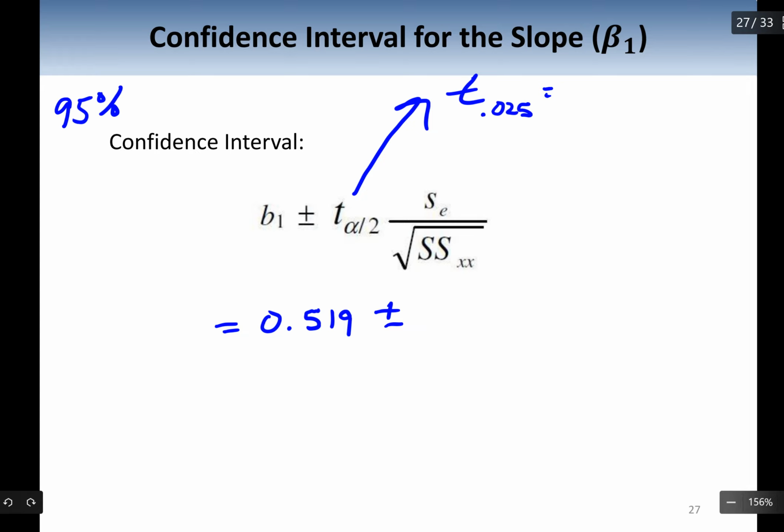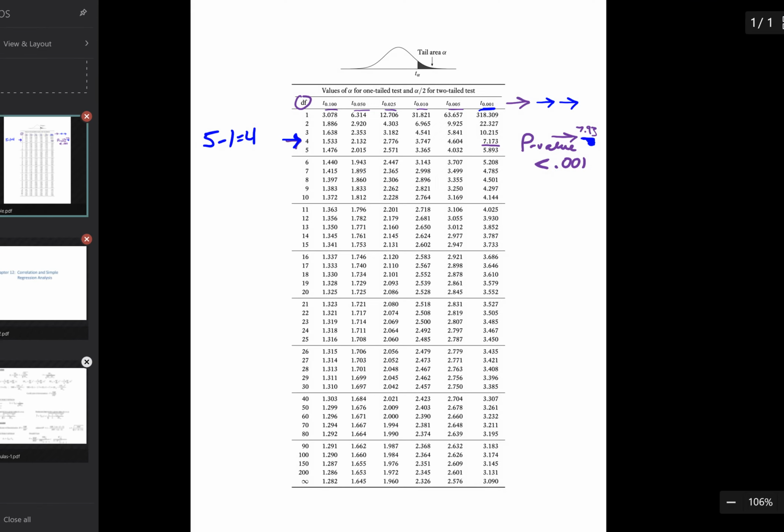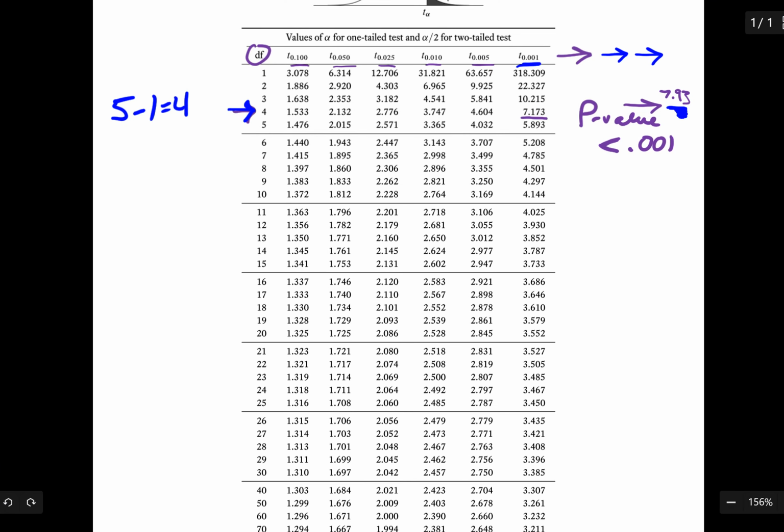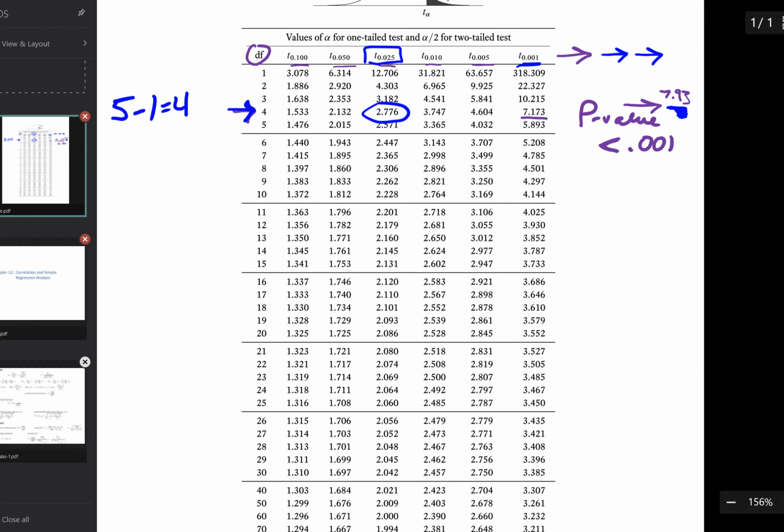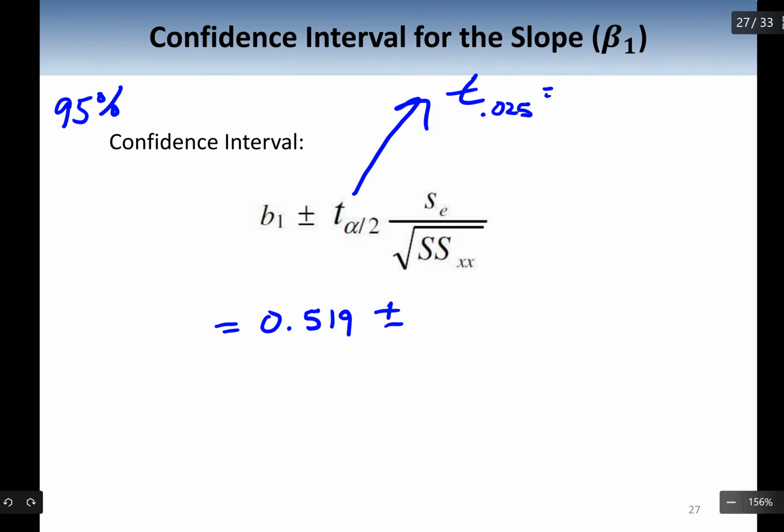Let's go back to our table. We can find what that would be on 4 degrees of freedom. And so here's our t of 0.025. We're going to use 2.776.